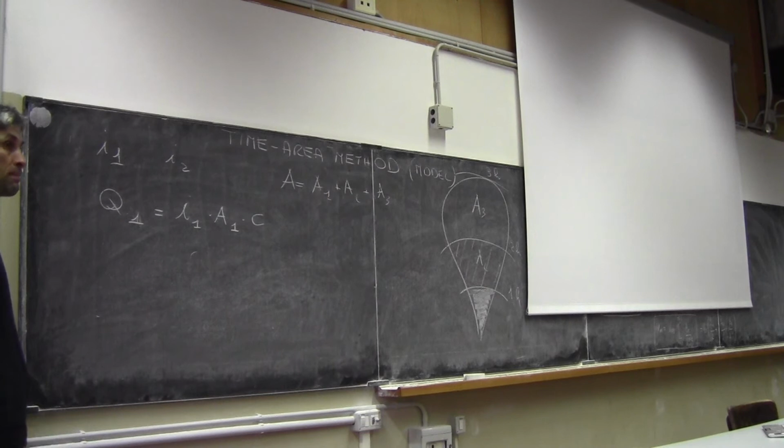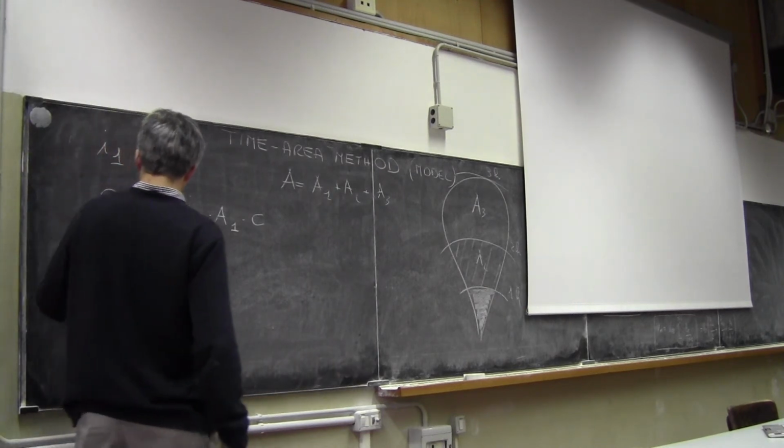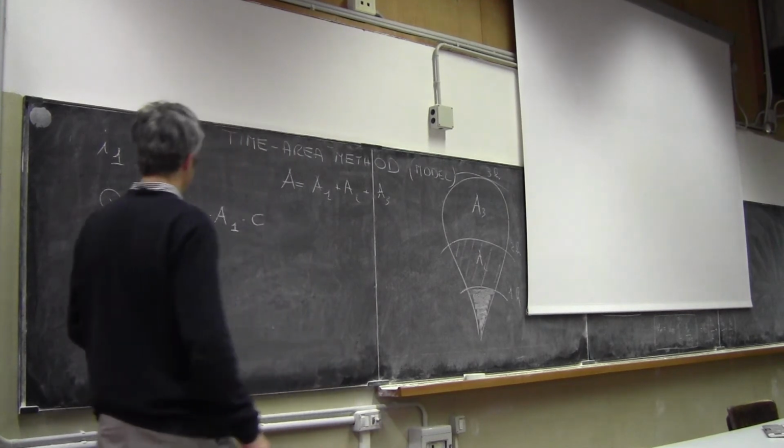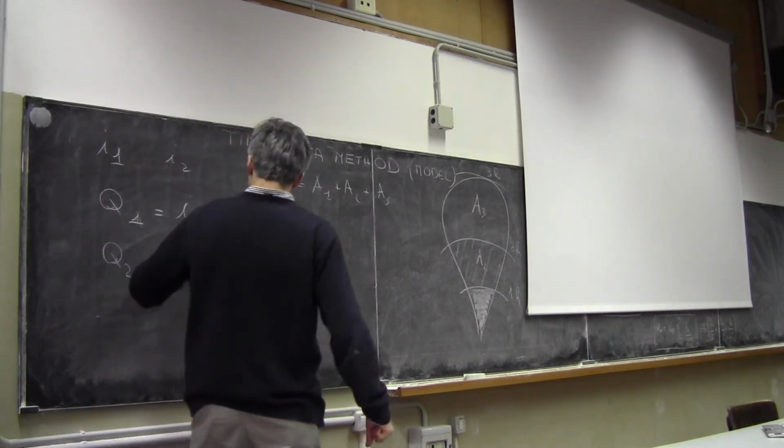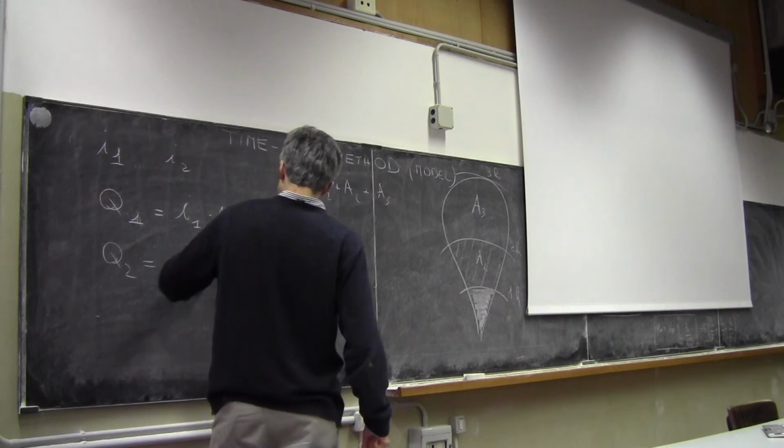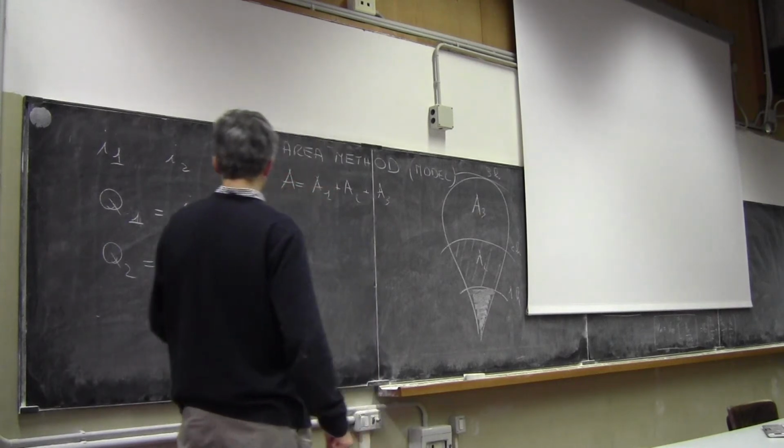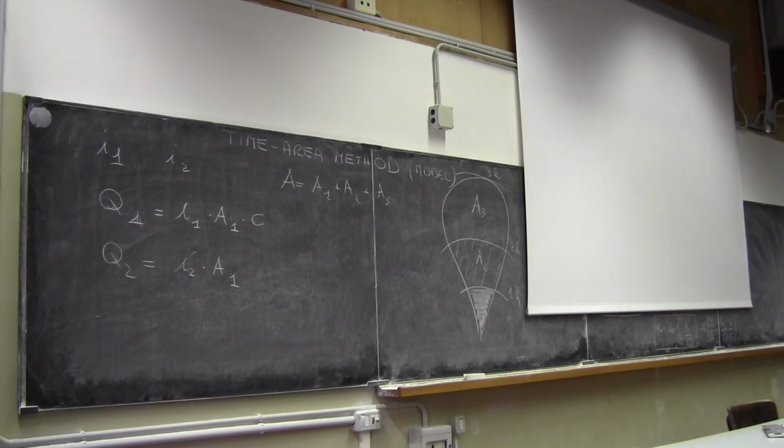Now, what happens at the end of the second hour? We have a Q2, which is given by I2 times A1. Why this?